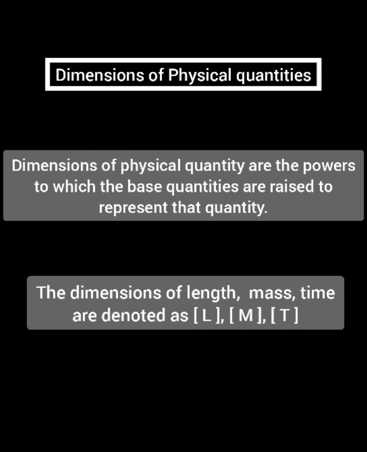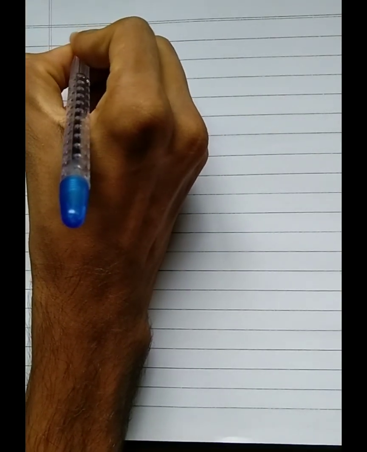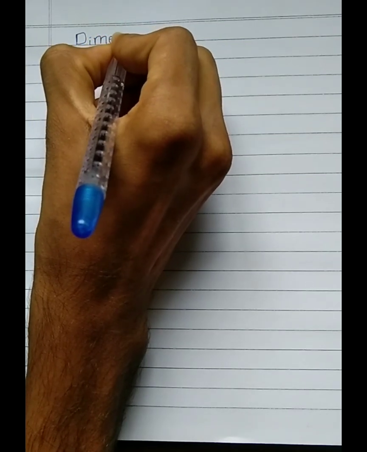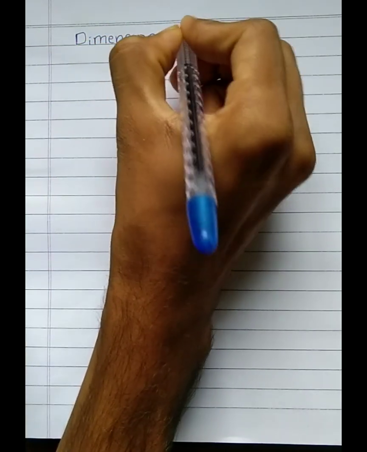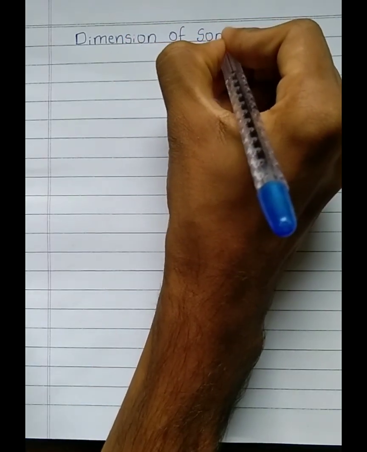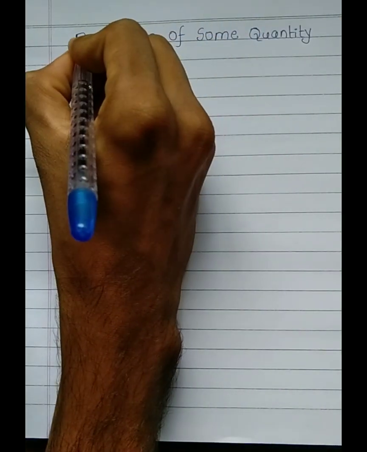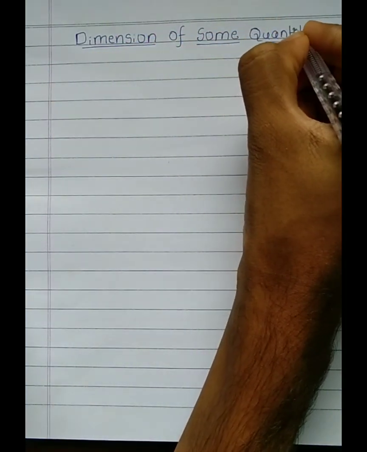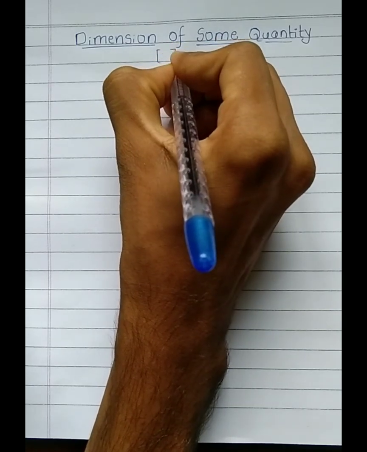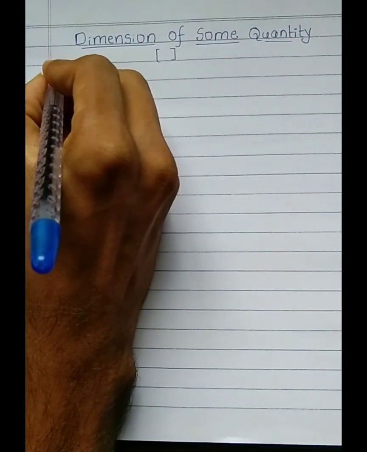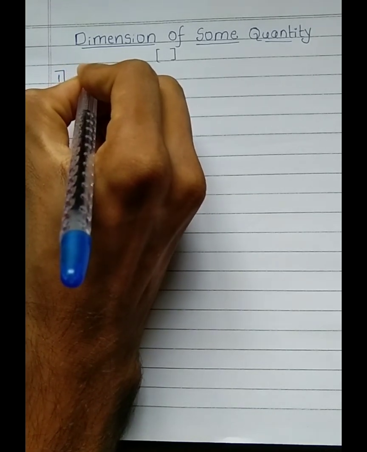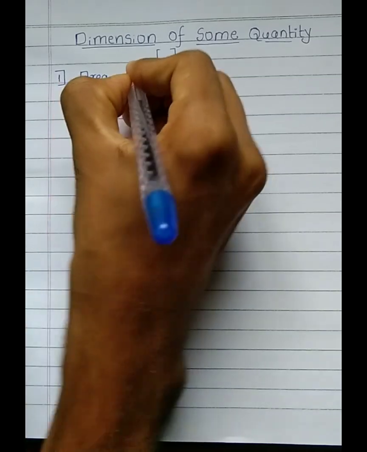The dimensions of length, mass, and time are denoted as L, M, and T. Dimensions of some quantities are represented in bracket form. Let us take some examples.